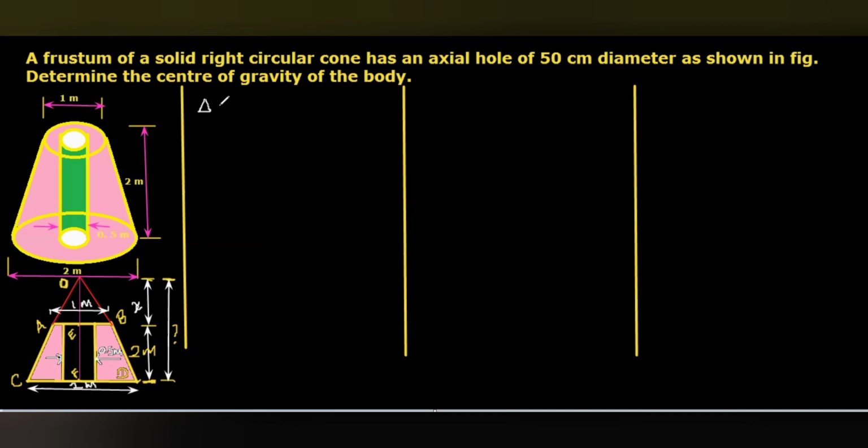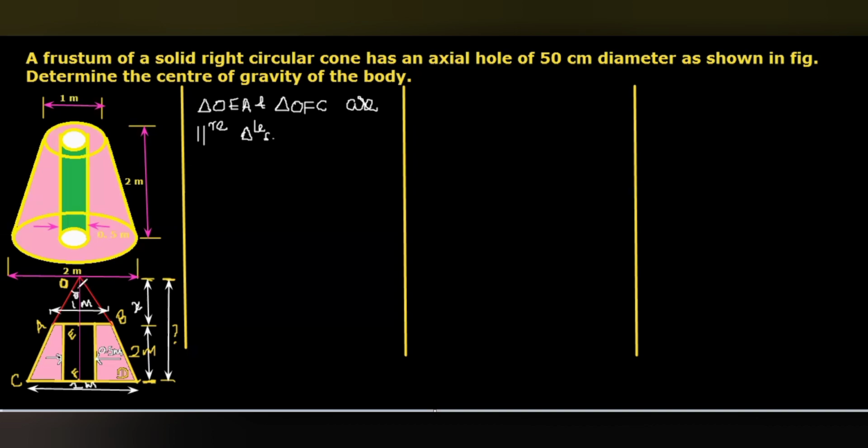So the triangle OEA and the large triangle OFC are similar triangles. When there are two similar triangles, the angle theta should be the same.